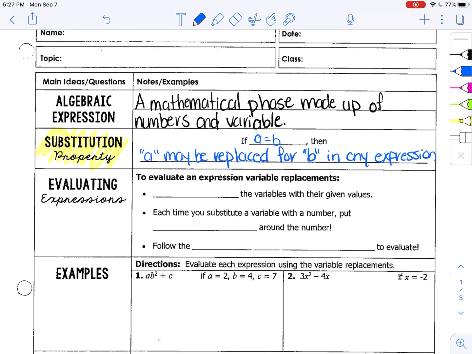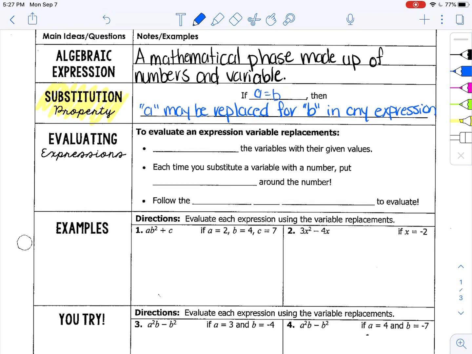So let's look in depth at evaluating expressions. In order to evaluate an expression, you must substitute the variable with the given values. Each time you substitute a variable with a number, you want to put parentheses around the number.